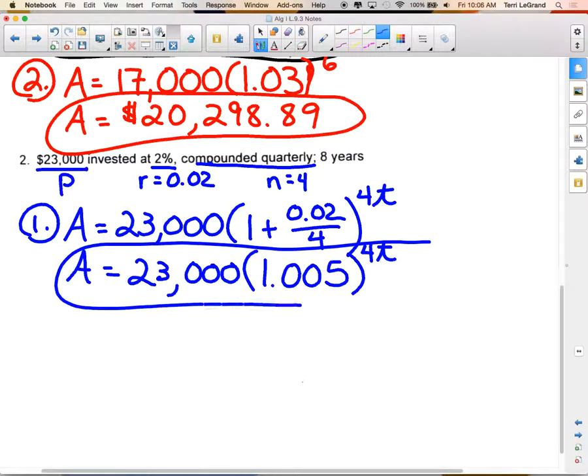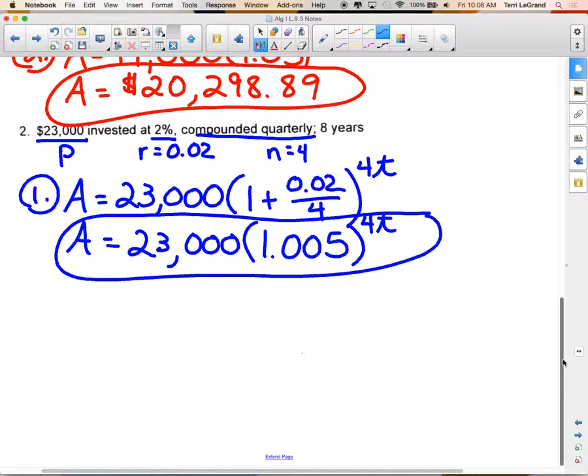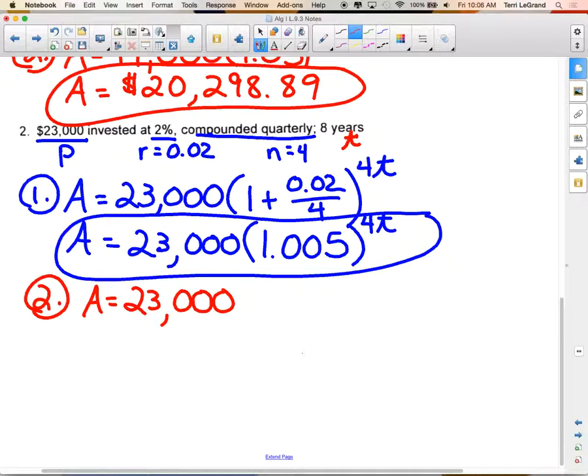There's our first answer. Okay, now get the second answer. After 8 years, this is now our t value. And then when you're done, before you tell me what it is, will you make sure your answer makes sense? Should it be bigger or less than 23,000? Bigger, okay.